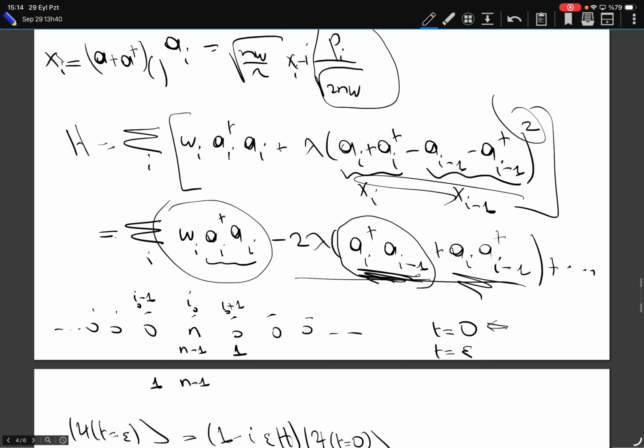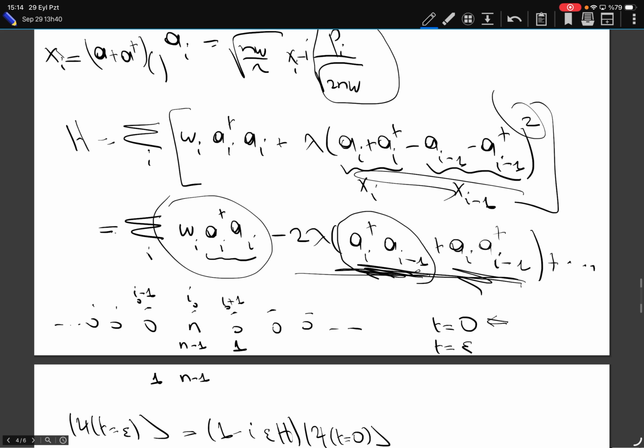How do I know that? Well, I know that that term contains such terms. And in the time evolution, remember, the Hamiltonian gives me the time evolution. If you look at the time evolution, what will happen is at the next time, this operator will annihilate a package at a given site and create it on the next site.